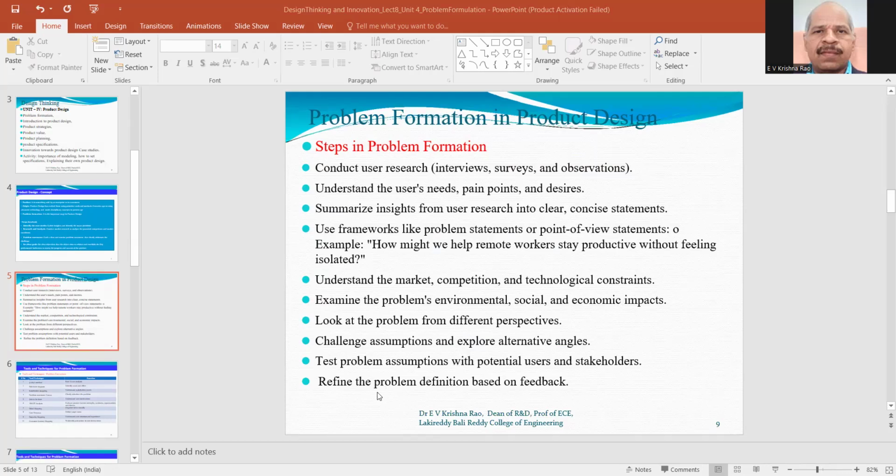We need to take some assumptions with potential users and stakeholders, get feedback, and refine the problem definition.